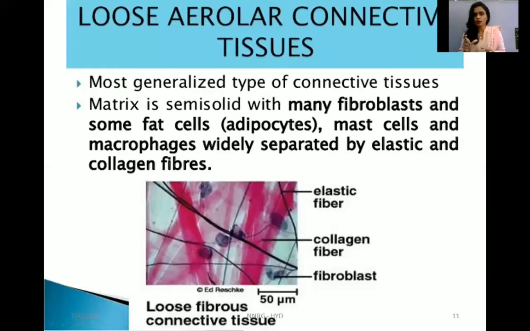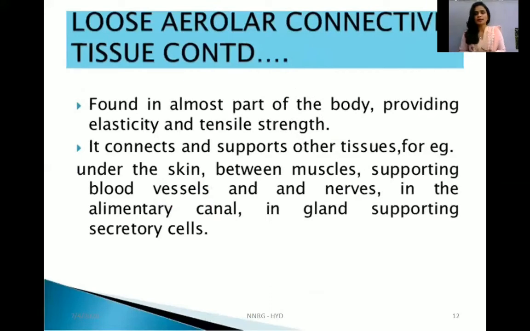So altogether they have fibroblasts and some cells which are separated by elastic fibers and collagen fibers, that is the areolar connective tissue. Where are they found? Areolar connective tissue is found almost throughout your body. They provide elasticity and tensile strength to the body.